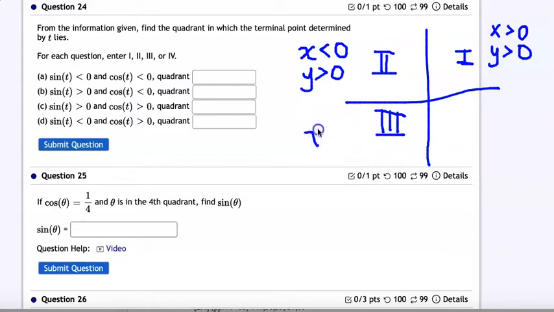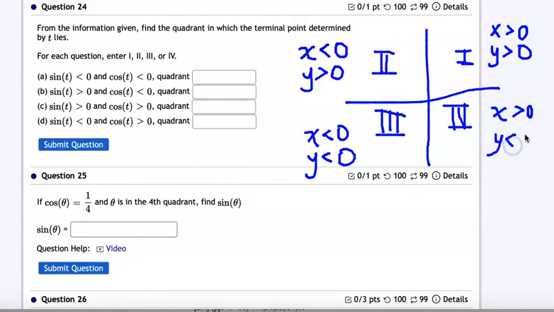So x is negative down here, y is negative down here. And in quadrant 4, you have positive x values again, but your y values remain negative.